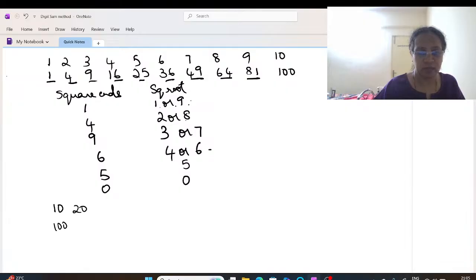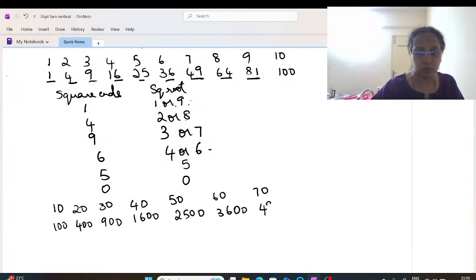That is 10 square is 100, 20 square is 400, 30 square is 900, 40 square is 1600, 50 square is 2500, 60 square is 3600, 70 square is 4900, 80 square is 6400, 90 square is 8100, and 100 square is 10,000.